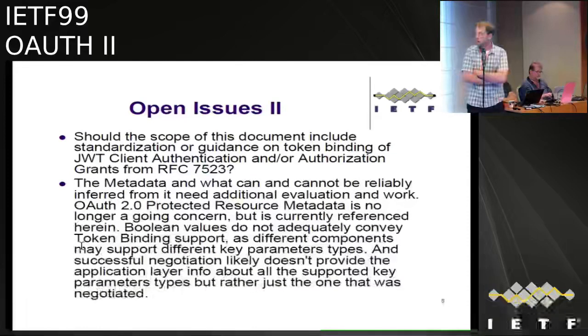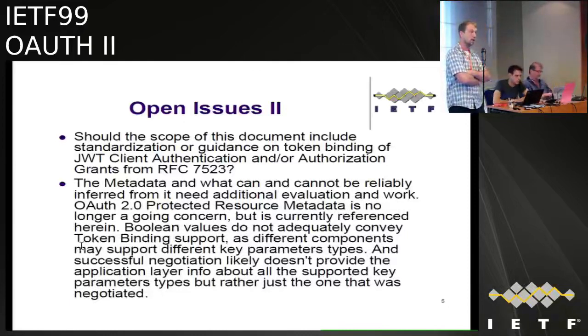Okay, yeah. And then this is all sort of related, but the metadata needs some work. The main problem, I think, is that there's a reference to the OAuth 2 protected resource metadata, which is not an ongoing draft. So we've got a kind of hanging dead reference. I think it needs to be removed, and some clarity should be added about what can and cannot actually be inferred at runtime from the metadata values and what can be enforced.